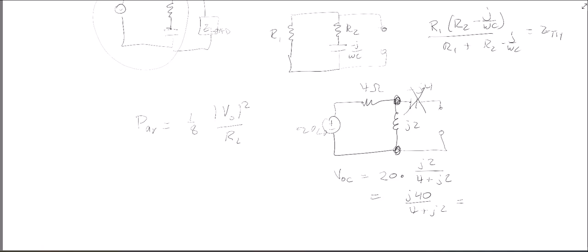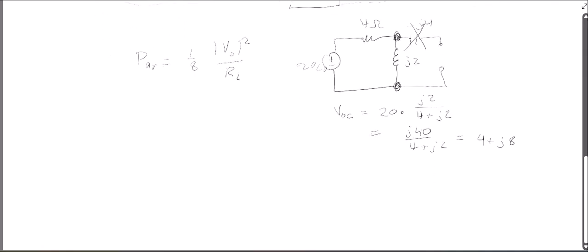I get that it is 4 plus J8, which if I wanted to have in polar, I could. I do, however, have to have the magnitude of it. The magnitude of that is the square root of 16 plus 64, which is 8.94.